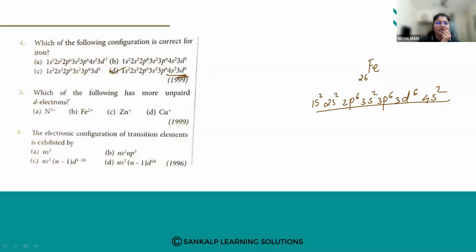Next question, which of the following has more unpaired d electrons? Unpaired electrons means no pairing will take place. Which of the following will have the maximum number of unpaired electrons? Sri Varuni has answered it as B. The options are nickel plus 3, Fe plus 2, zinc plus, or copper plus.